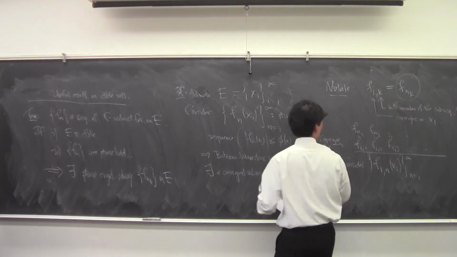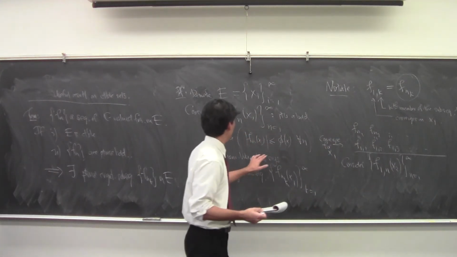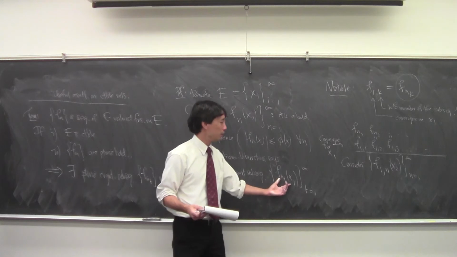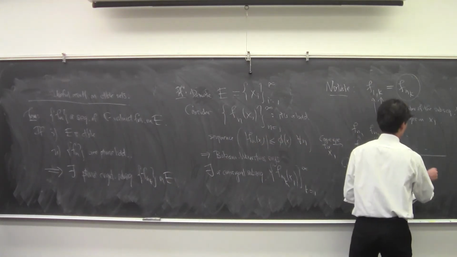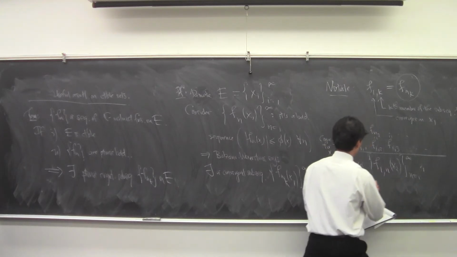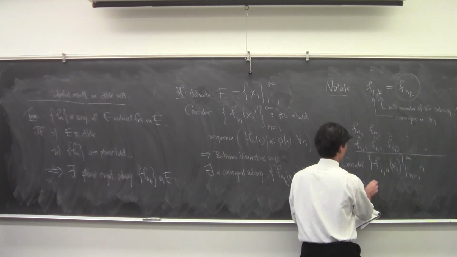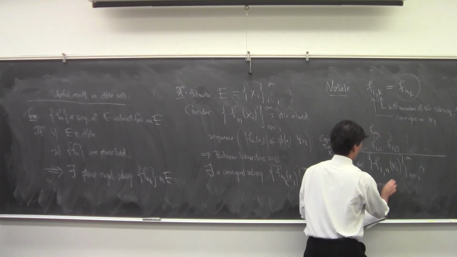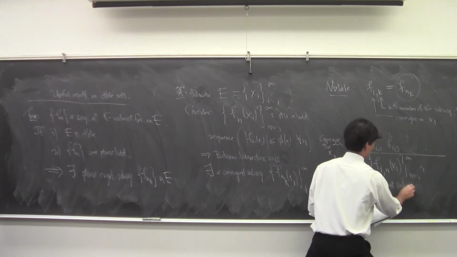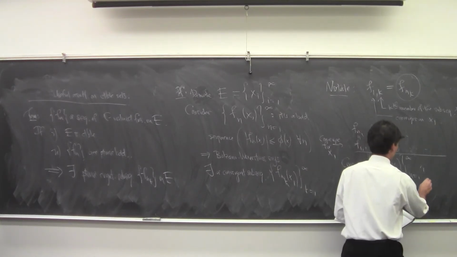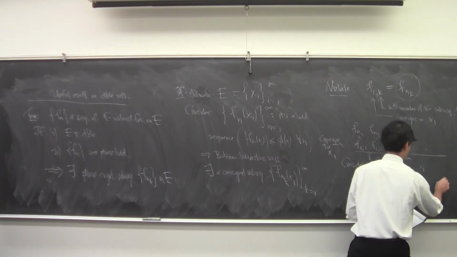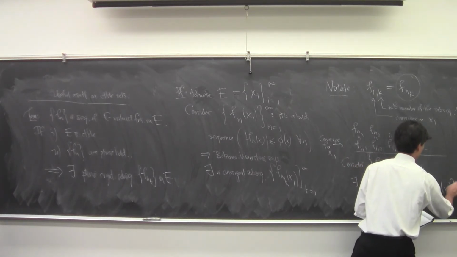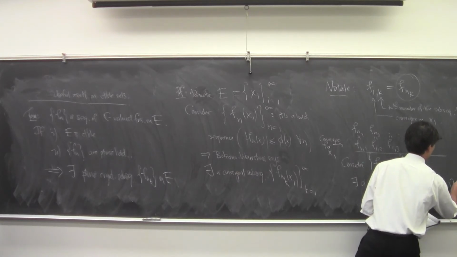This is bounded, and so Bolzano-Weierstrass tells me that there's a convergent subsequence of those guys. So there exists a convergent subsequence F1_{n_k}(x2) as k goes from 1 to infinity.